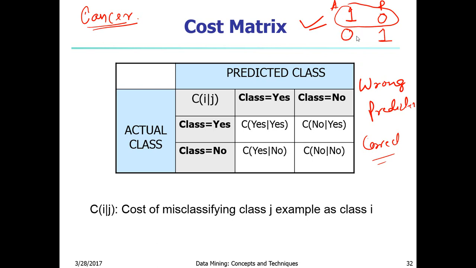Somebody who is not having cancer but is predicted to be having cancer will still survive, because he is not having cancer. Over a period of time, this will become clearer, and he will be discharged from the hospital, and that is less costly. You can save the life. So the cost effect is more in this case.